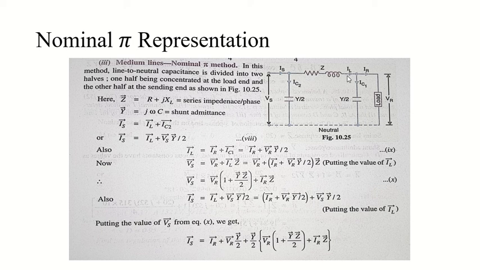Now, what is the value of IL? We have just derived it: IR plus VR y by 2. So just substitute the value of IL here. We get VR here, plus the value of IL, which was IR plus VR into y by 2, and we kept this Z as it is.